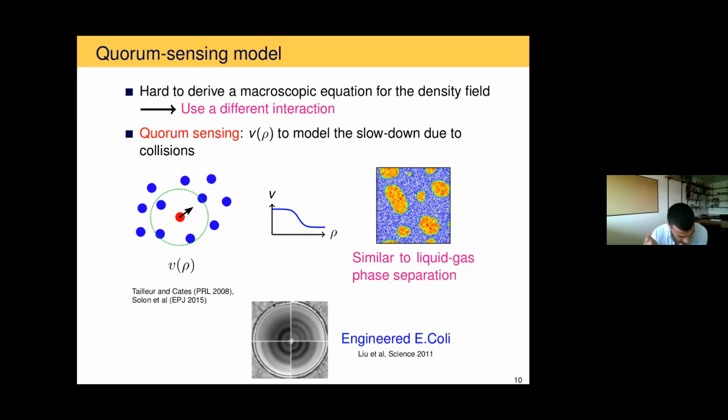I have several questions, but since you have this slide, I will start from the quorum sensing model. All these models with a velocity that depends on the density differ from the models where you have diffusion that depends on the density. Are they significantly different?